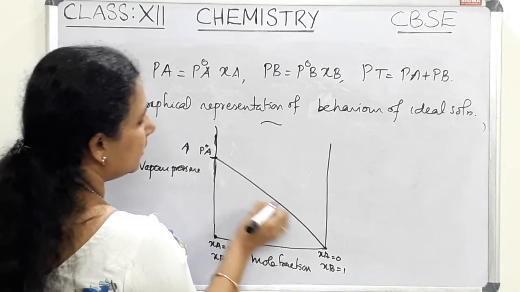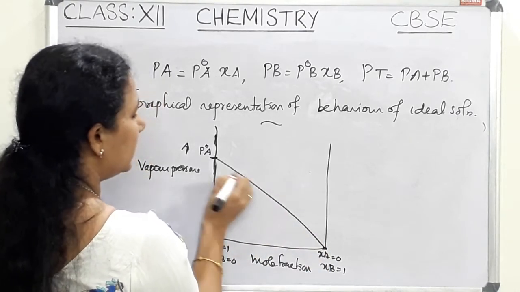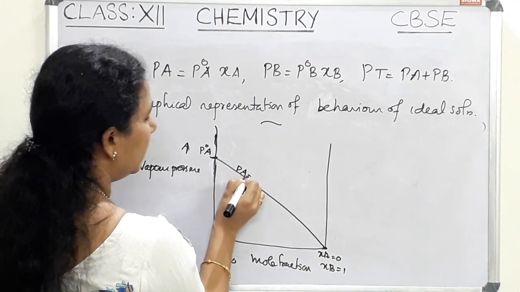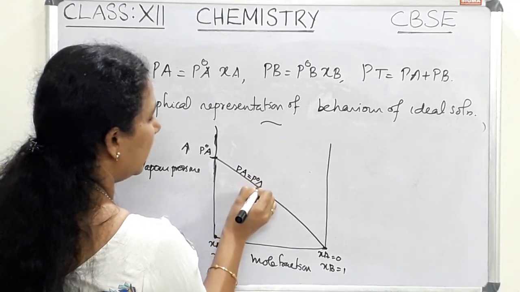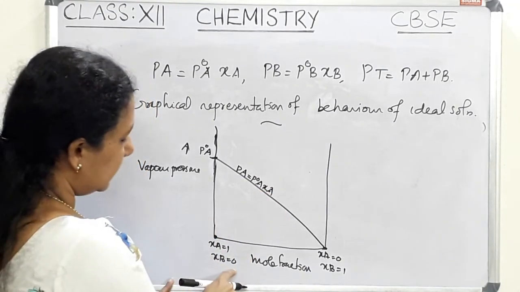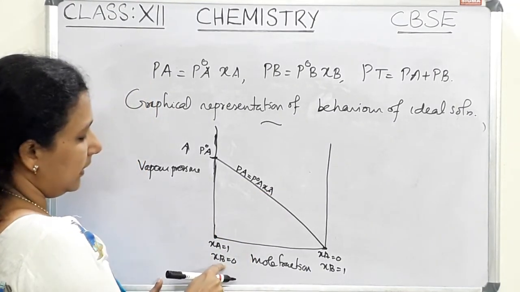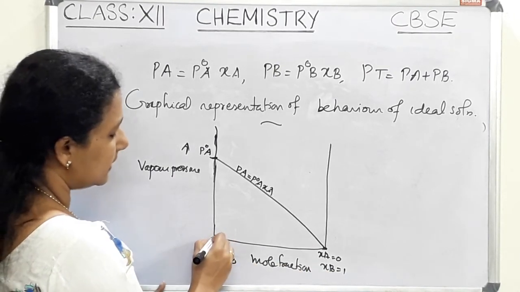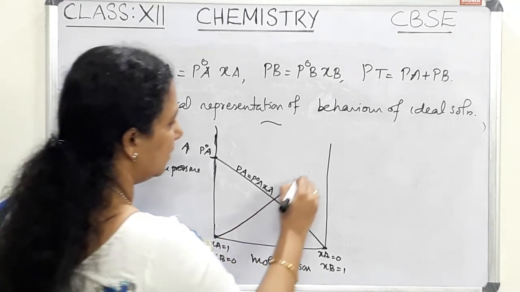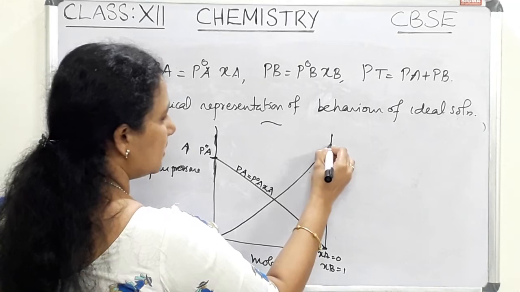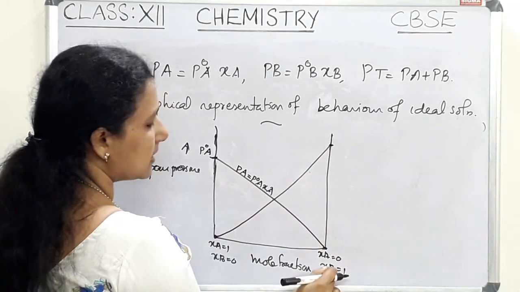And this straight line is PA, that is PA is equal to P0A XA. Now let us consider the second component, when XB is increasing from 0 to 1. Here also we will get a straight line, and this is the point where XB is equal to 1.